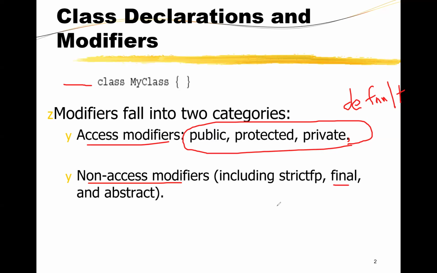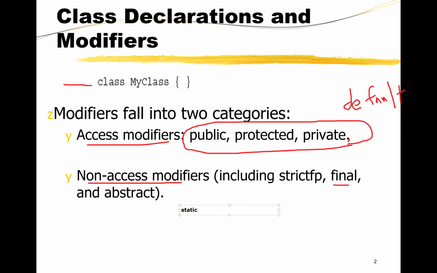Likewise, we will discuss further. And then we have abstract, transient, synchronized, volatile. Under non-access modifiers, final means cannot be overridden or modified.